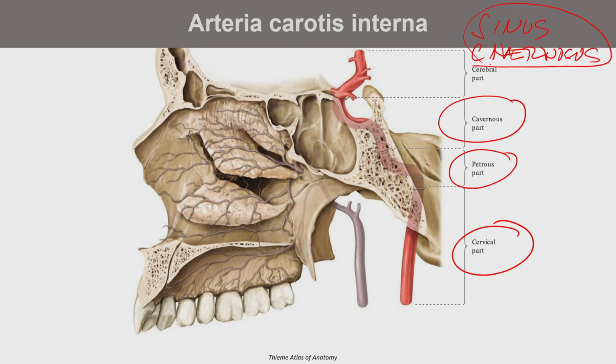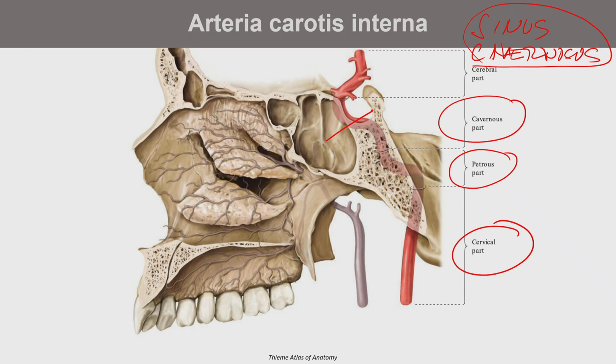The cavernous sinus, what is it? It's a part of which system? It's a venous structure. It's a sinus filled by venous blood, and inside of the cavernous sinus is localized the cavernous part of the artery. So this is important when you have an injury of the temporal bone.